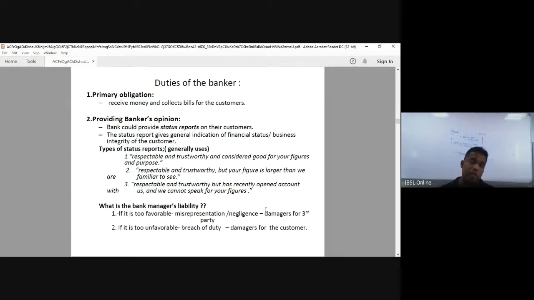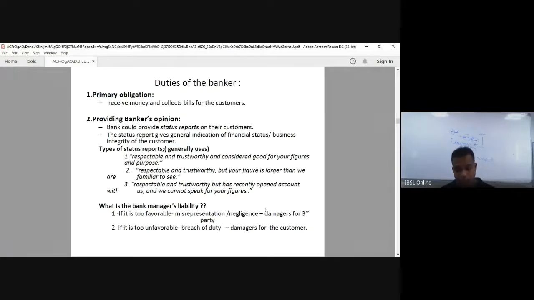The bank, on the other hand, has an obligation to collect the checks and pay the checks of the customer. And the customer has a right to deposit money, and third parties also can deposit money to the customer's account. So the bank has to accept and receive money on behalf of the customer. That is the primary duty of the bank to the customer.